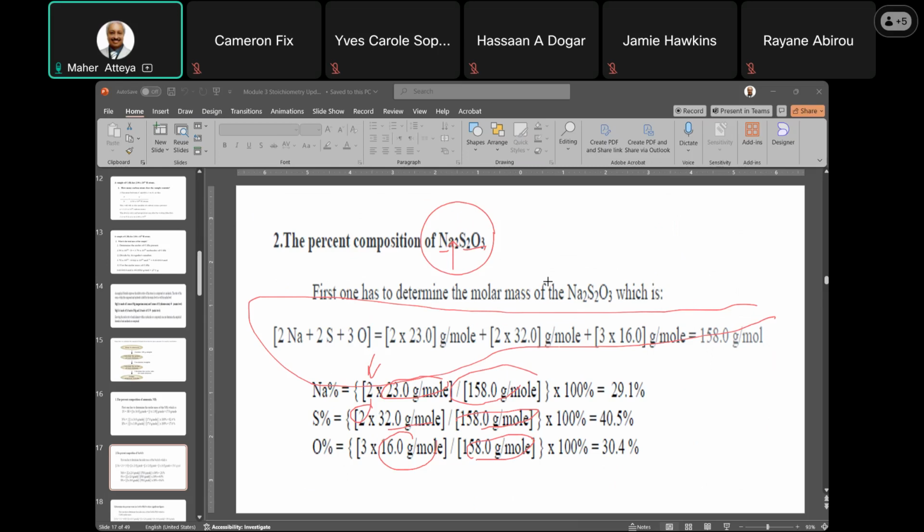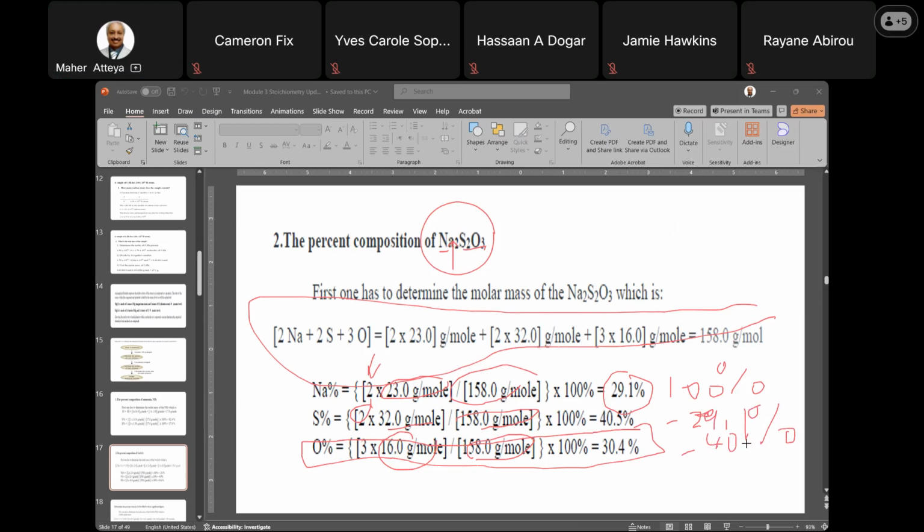Now, sometimes in a combustion reaction, or some type of chemical reaction, you don't have to calculate this way, correct? Because everything is 100% and you have 3 elements, you can say 100 percent minus this one here, 29.1%, minus 40.5 percent, and you come up with the same value here.